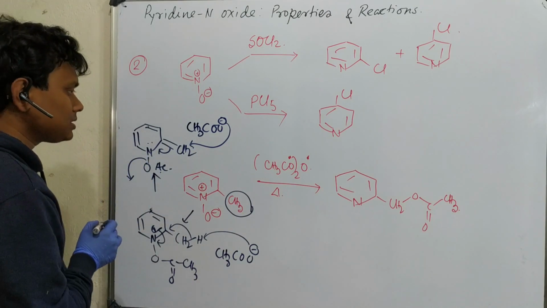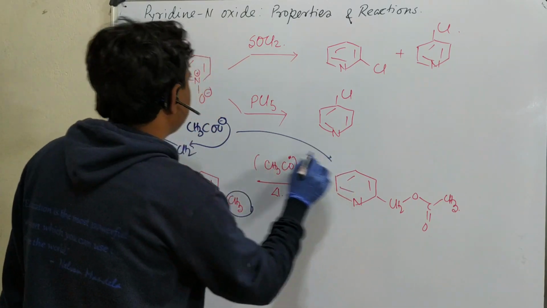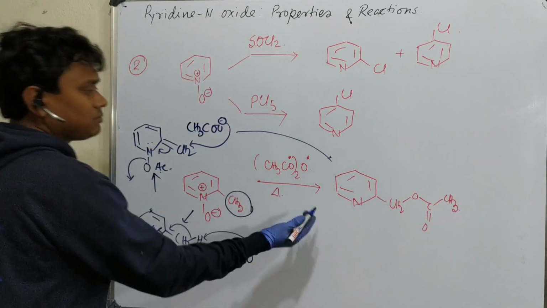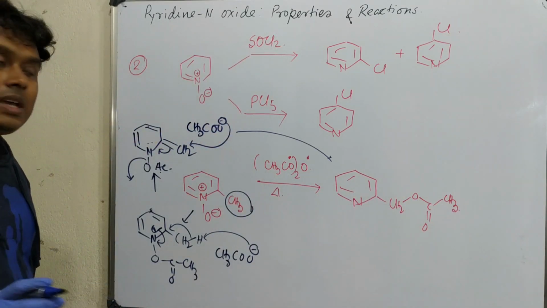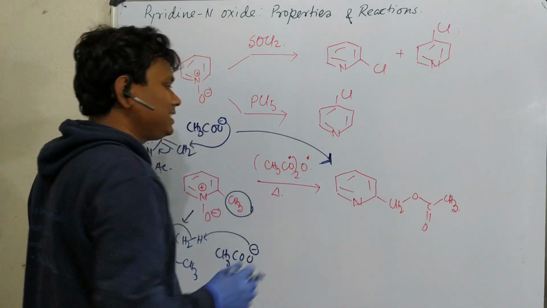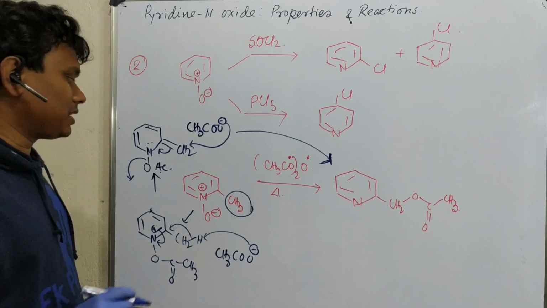So ultimately the product is the same. This CH2 will attach to COCH3 and this is a simple pyridine derivative. You can explain this, it is logically right, but another experiment doesn't suggest this pathway.